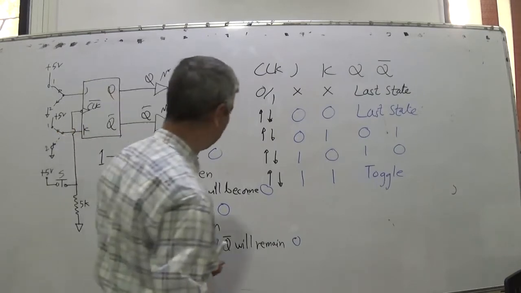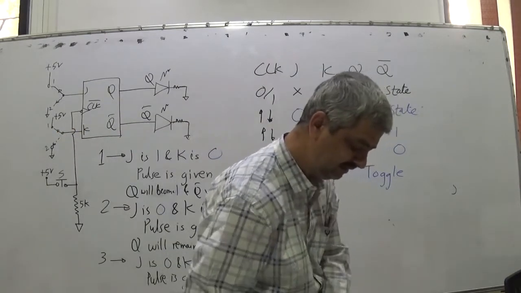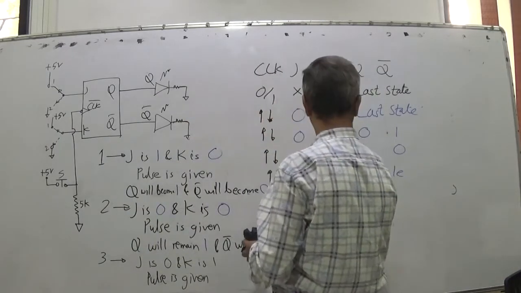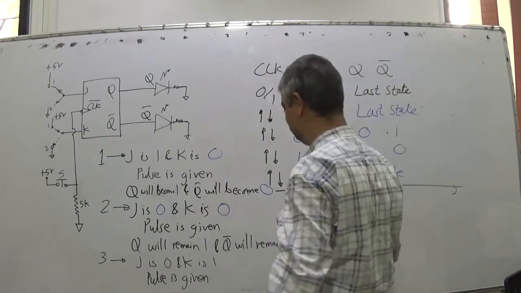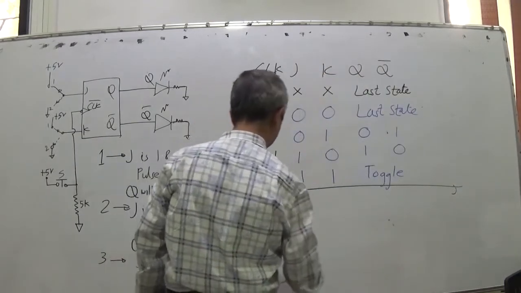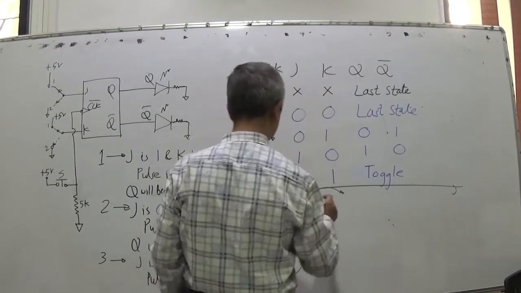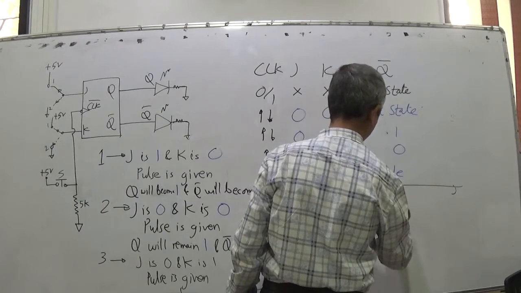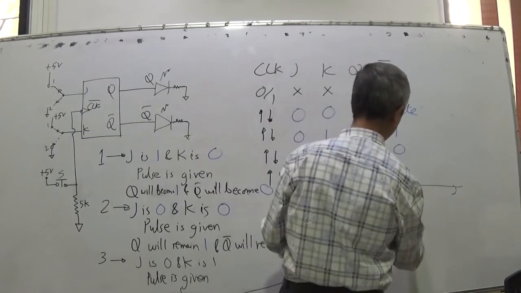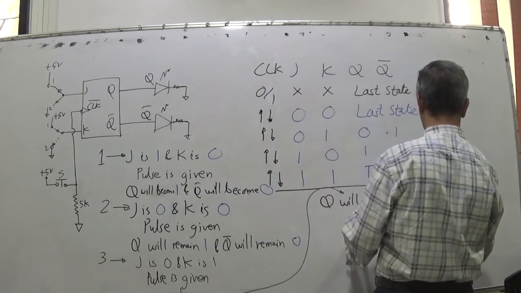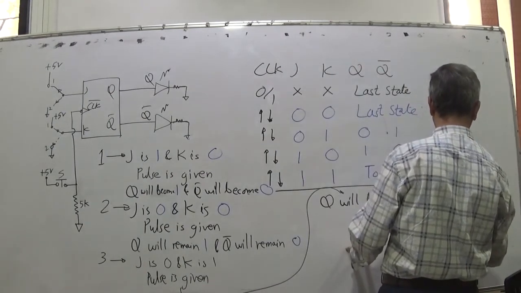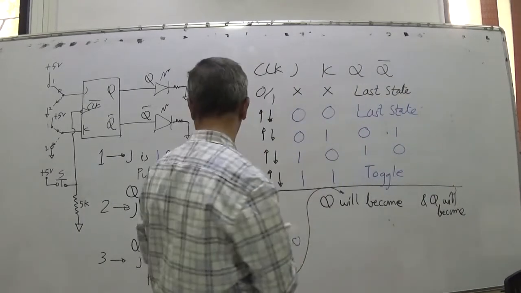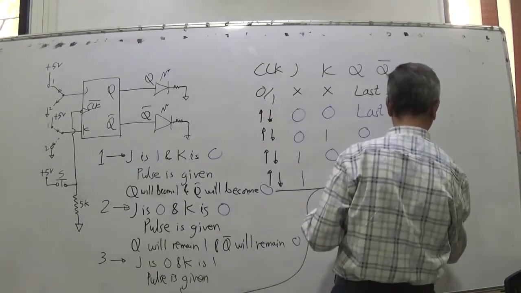What will happen? J is 0, K is 1, pulse is given. In that case, Q will become 0 and Q bar will become 1.